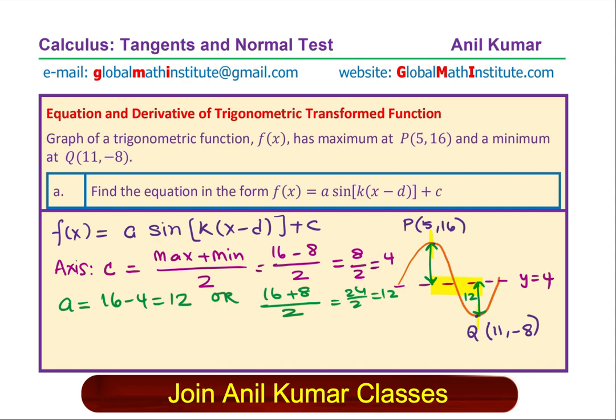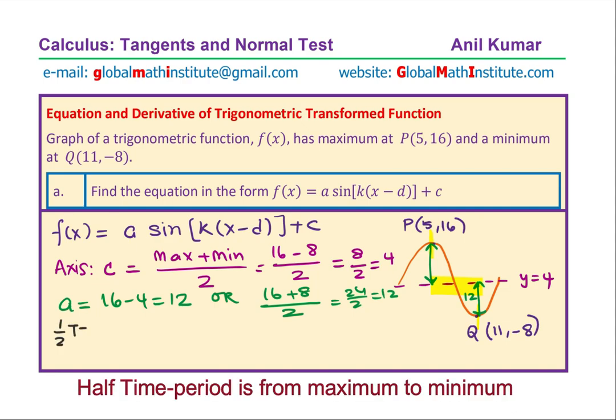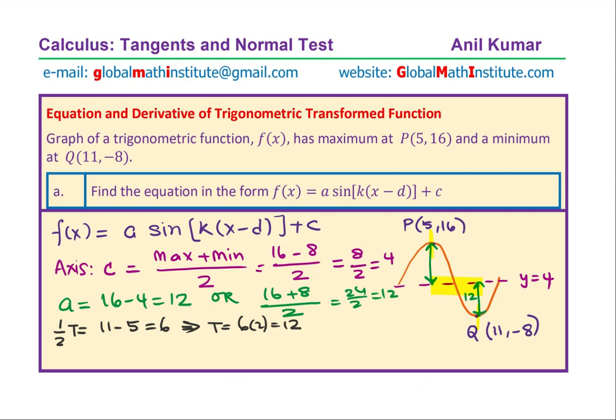So we can write half the time period T is equal to the difference in their x values, which is 11 minus 5, which is 6. And that gives you that the time period T is 6 times 2, which is 12. So time period is also 12 here.